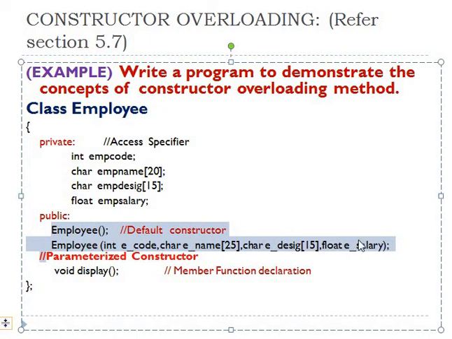So we can conclude that overloading has been achieved through both these constructors, and this type of overloading is known as constructor overloading, because here we are overloading a special type of member function inside a class, which is the constructor.